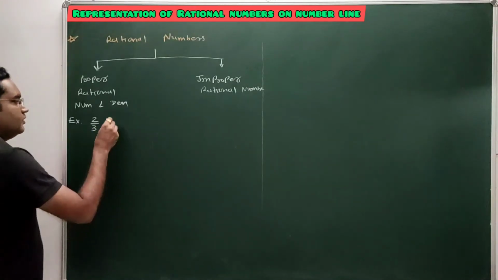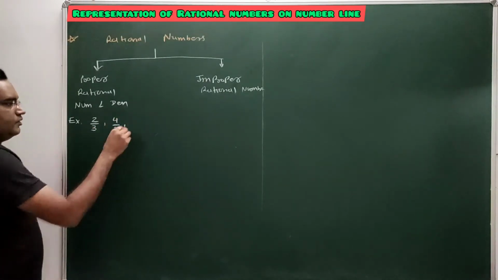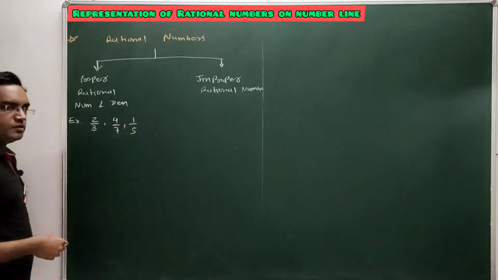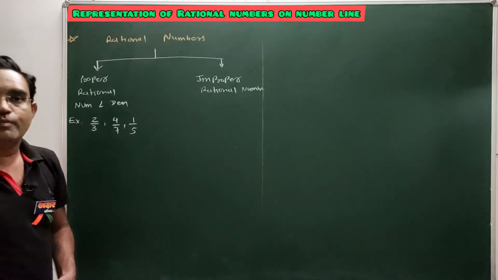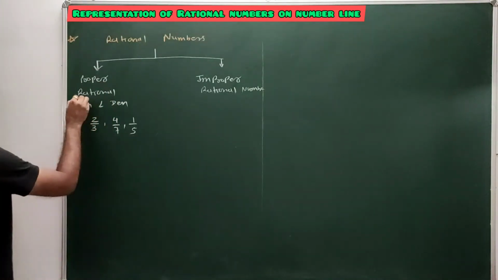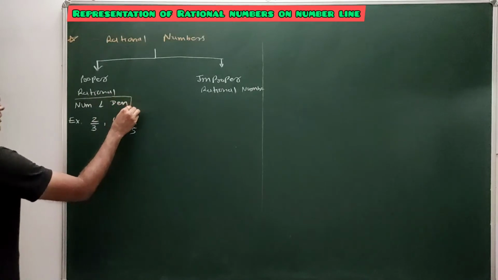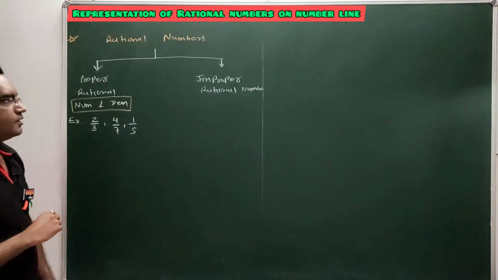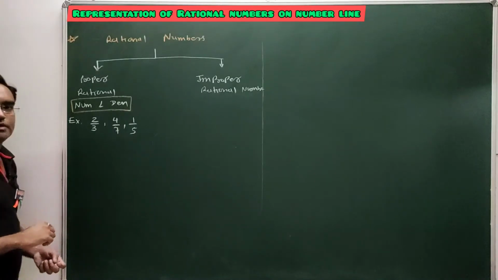One more example, suppose 4 by 7 is there. 1 by 5 is there. So these are the examples of proper rational numbers, in which the value of numerator is always less than the value of denominator.